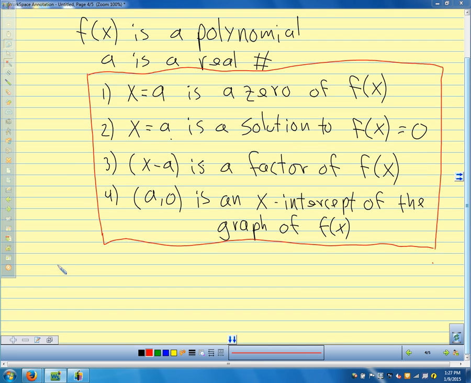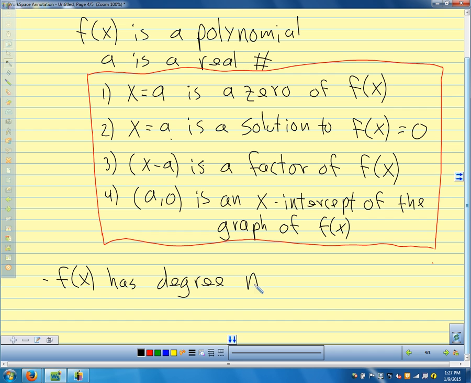All right, 2 other important properties of polynomials. We're going to say f of x has degree n, so our highest exponent is n.